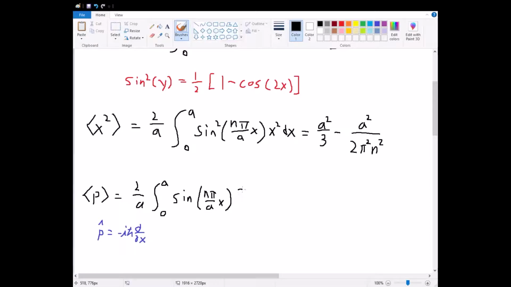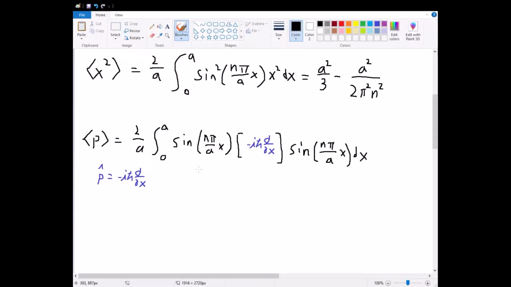And then we have our sandwiched operator, which is going to be this expression, negative i h bar partial with respect to x. And we're going to sandwich that in between. It's acting on psi of x, which is just sine of n pi over a times x. And we're going to close this off with a dx.